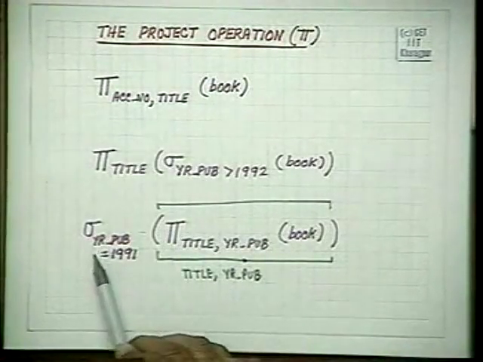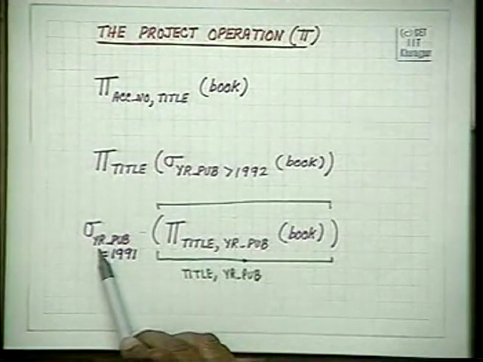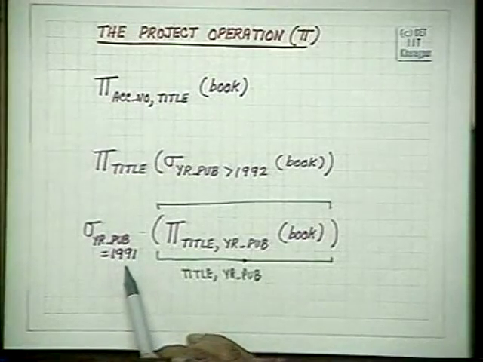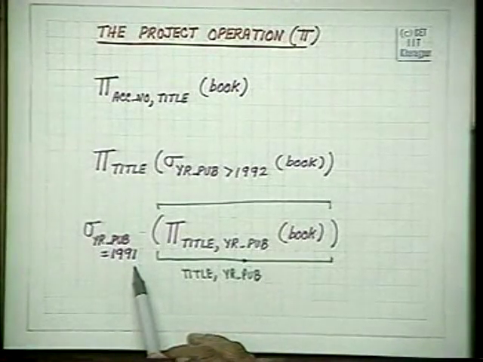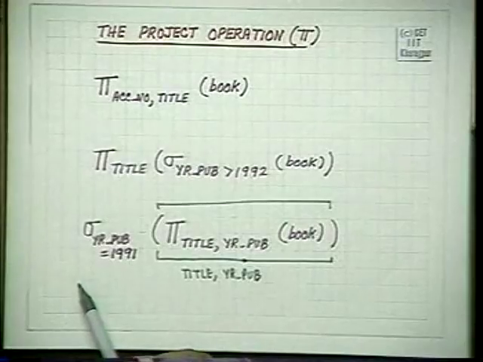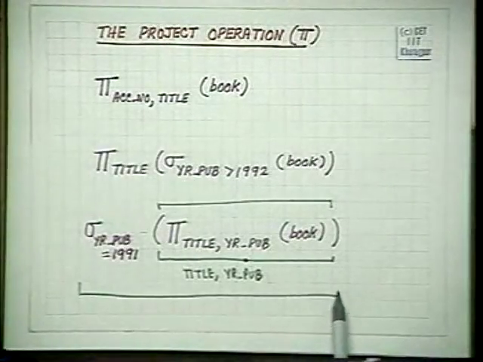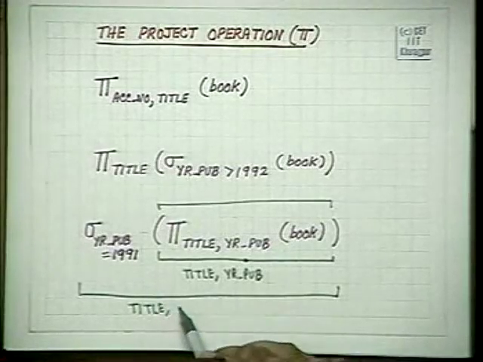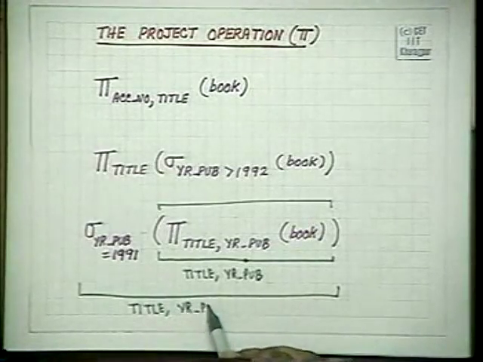And among these, I will select out only those tuples from this relation whose year of publication is 1991. So this corresponds to returning a relation whose attributes are still title and year of publication.